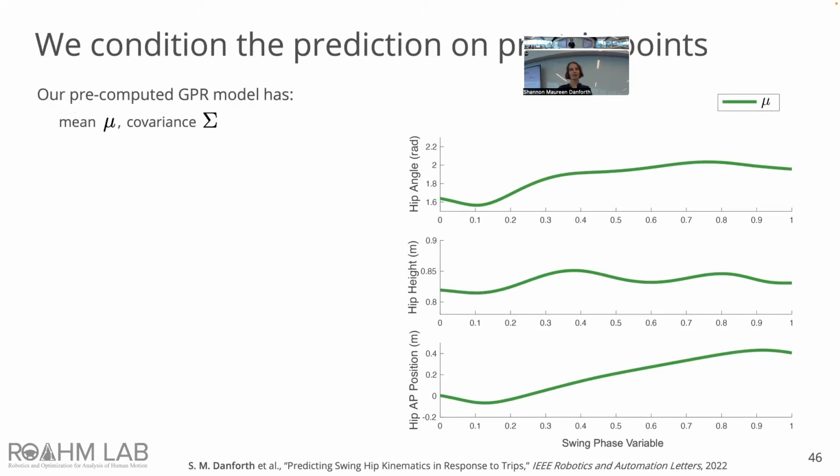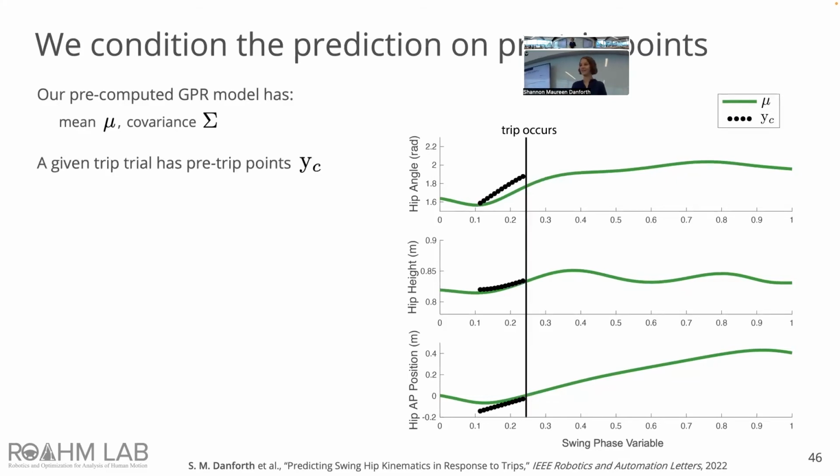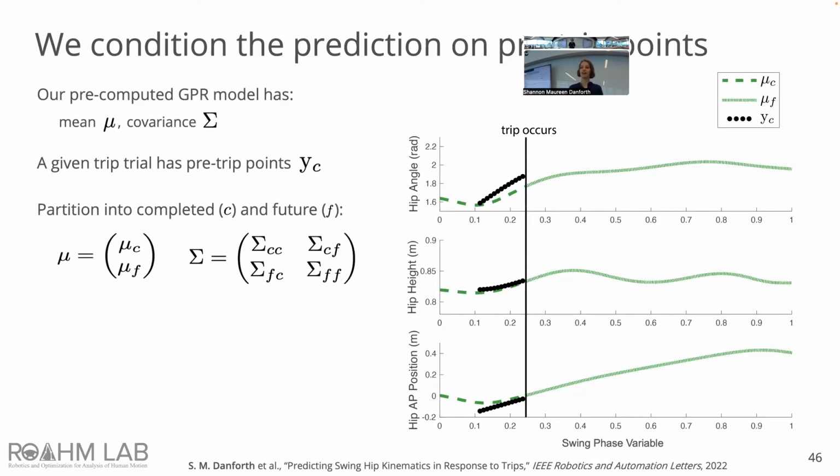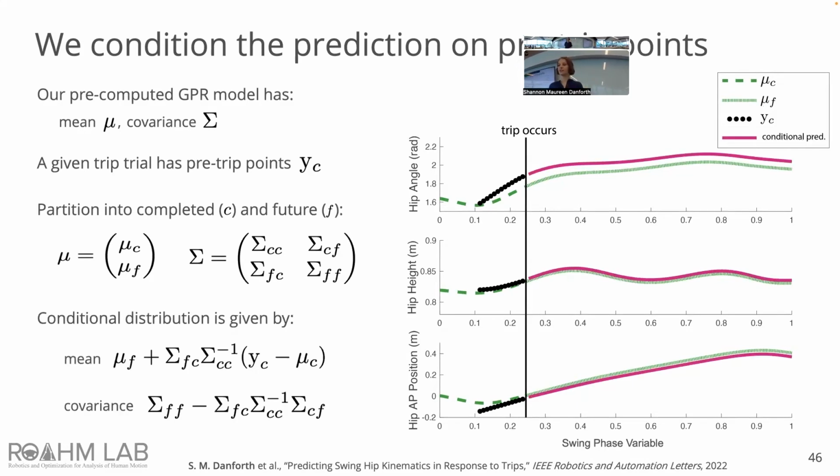And then after a trip occurs, we condition that prediction online on pre-trip points. So again, we have our mean prediction shown here, which is computed offline. And it has associated covariance, which is not plotted. And then when a trip occurs, we can measure the pre-trip points for this particular trial, shown in the black dots, divide our mean and covariance into these completed and future portions, and then use that to generate a conditional distribution with the mean plotted here in pink.